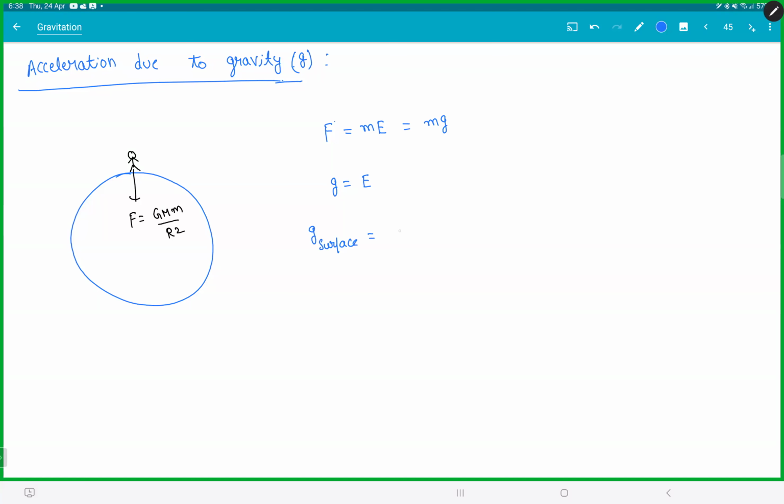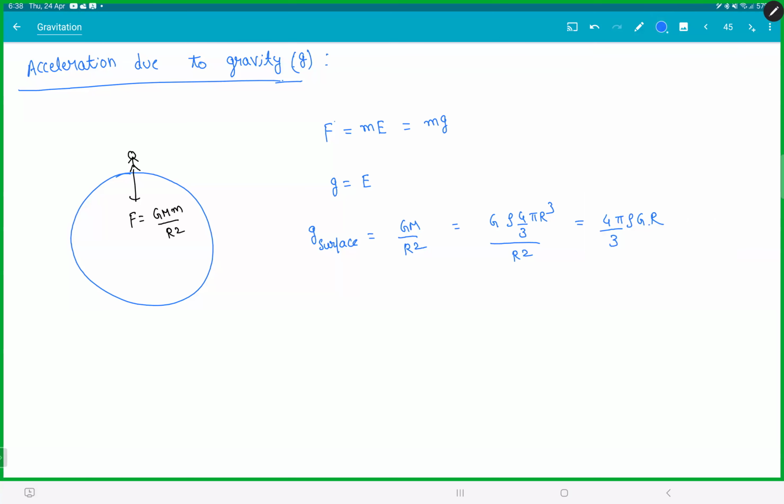So g on the surface will be GM by r square. And if you put the mass value as density, so G into rho 4 by 3 pi r cube by r square, this turns out to be 4 pi by 3 rho G r.